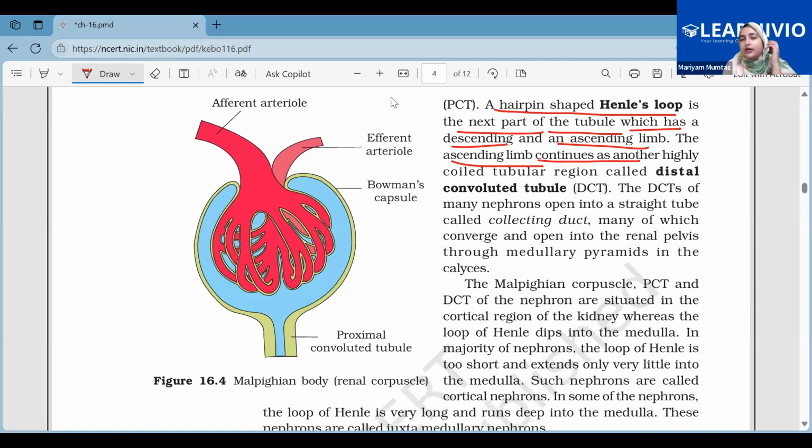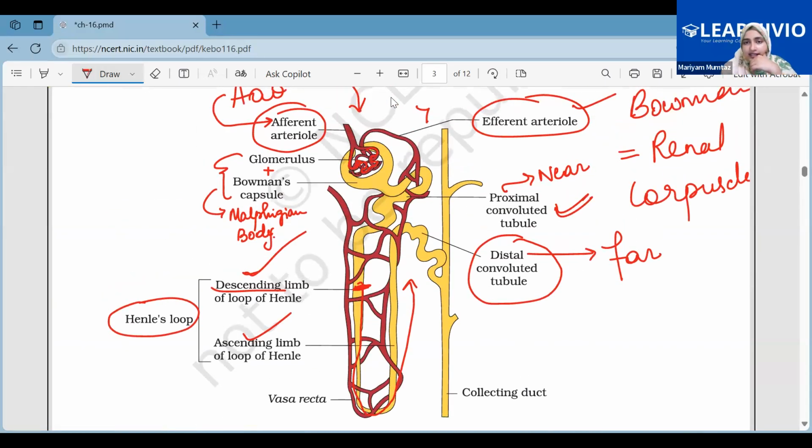So the far situated, last tubule is the distal convoluted tubule. Now, if you see over here, there is this straight tubule, right? This straight tube-like structure is called the collecting duct. One more thing you notice is that the distal convoluted tubule gets directly connected to the collecting duct. Other than that, you see these parts, which means it's the extension for several other nephrons.